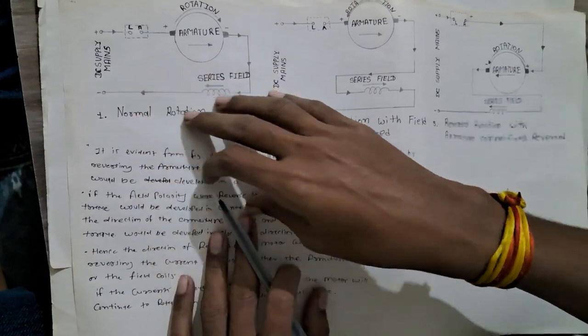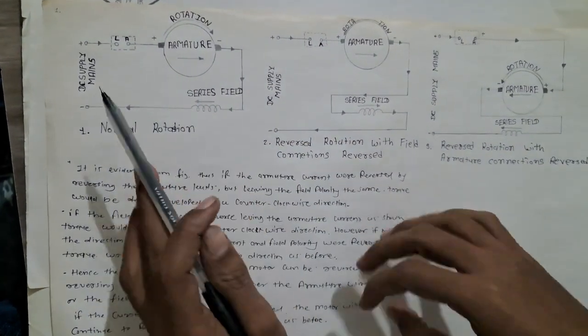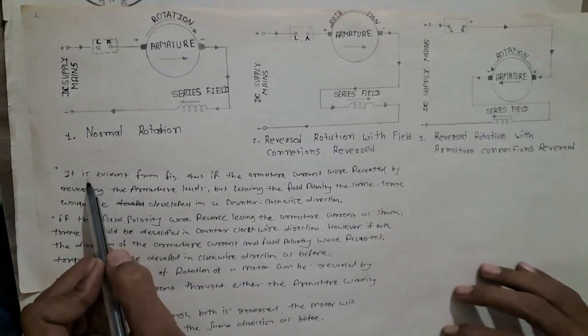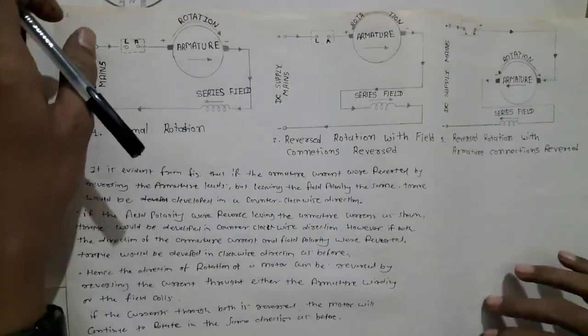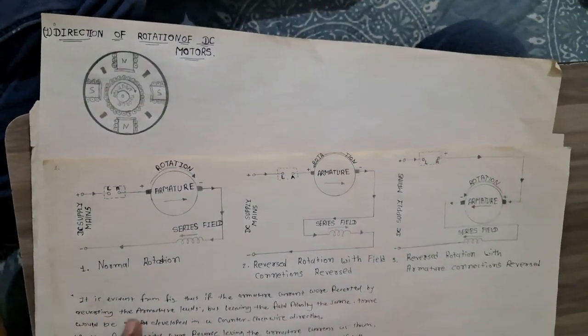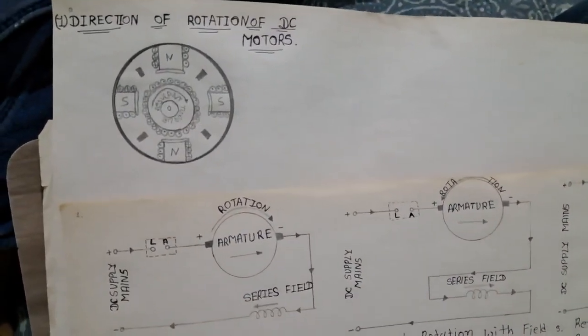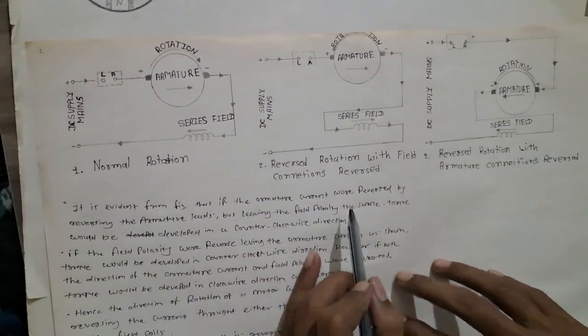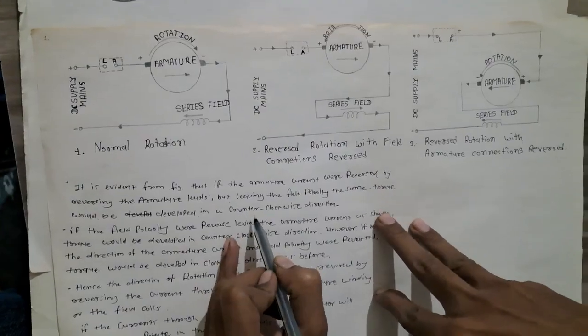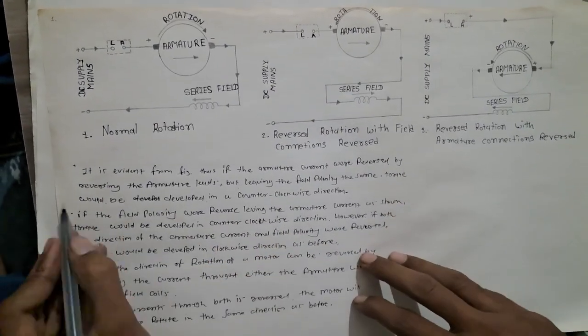This is the DC supply with series field and armature. The theory is evident from this figure that if the armature current were reversed but the field polarity left the same, torque would be developed in a counterclockwise direction.